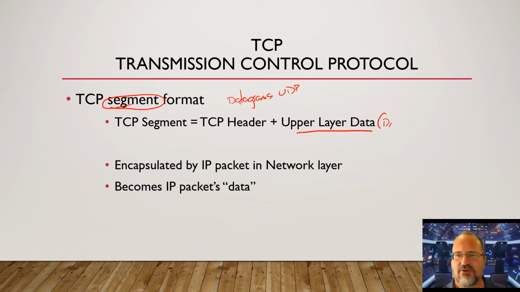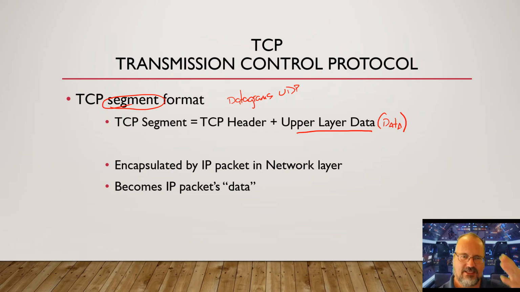That means your actual data, because the first layers, 5, 6, and 7, are just the data. The transport layer adds on the TCP header. So it's the TCP header plus the data. It's encapsulated.